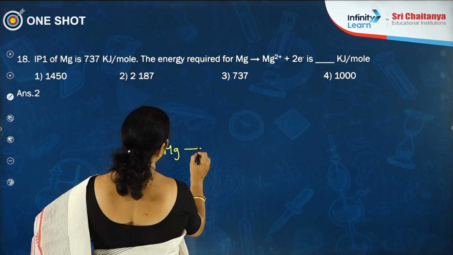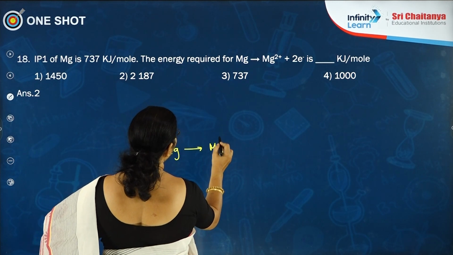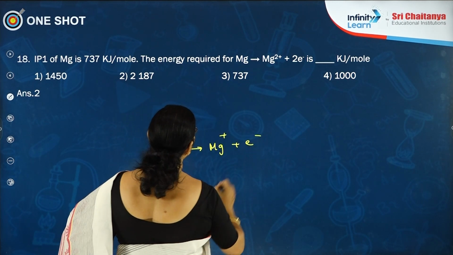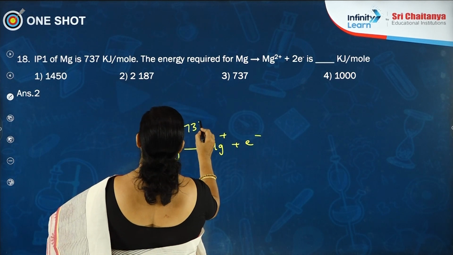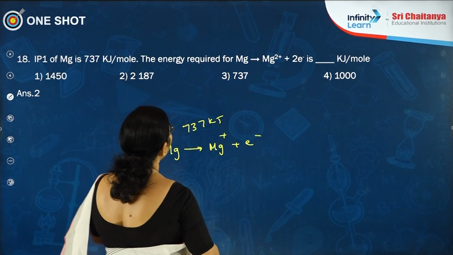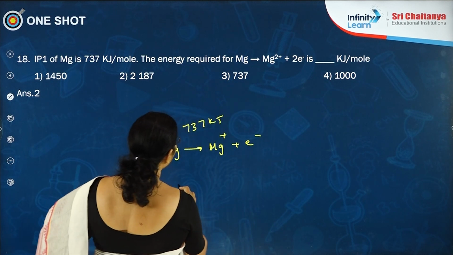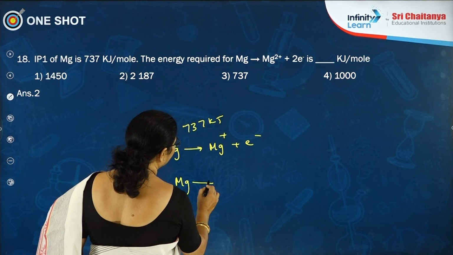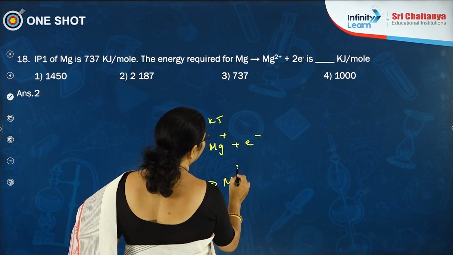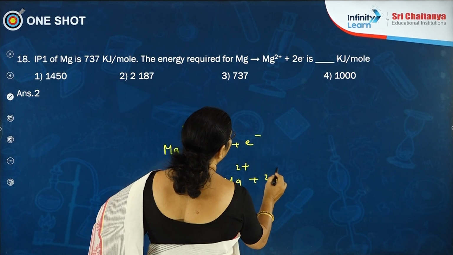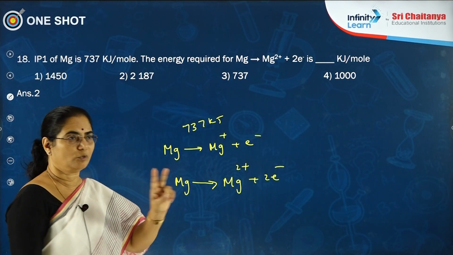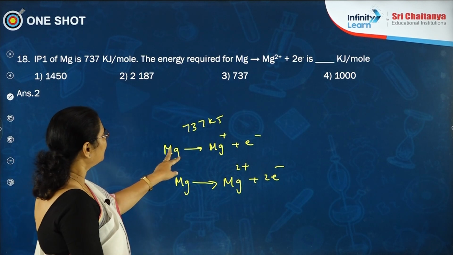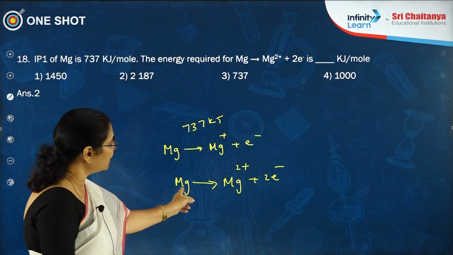For removing 1 electron, 737 kilojoules of energy is required. For Mg to become Mg2 plus, how many electrons are we removing? 2 electrons.